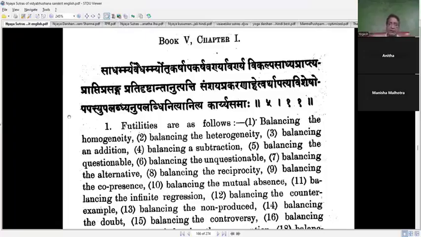Then balancing the questionable, what we call varnya, or more appropriately, varnya is describing something. So whenever you are describing something, you can confuse someone that your description is not appropriate.